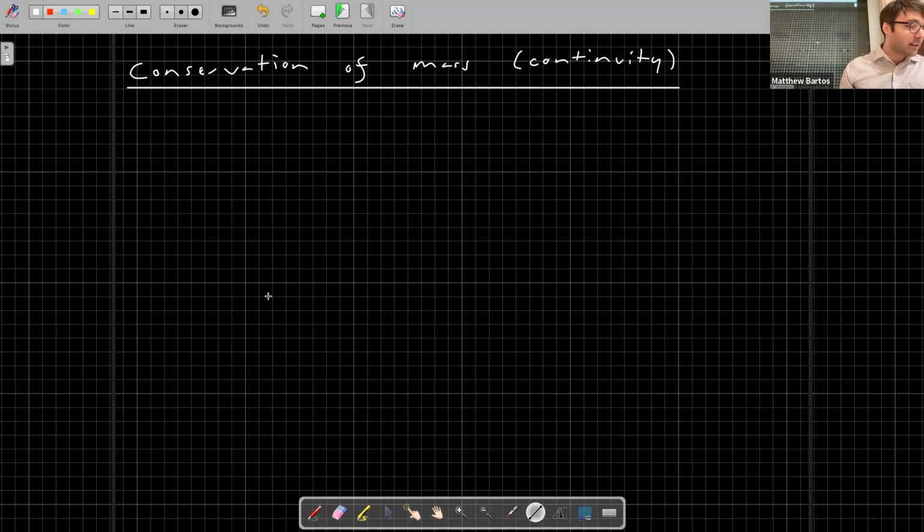So let's go ahead and look at conservation of mass for a fluid control volume. I'm going to draw a pipe here. For this case, I'm going to look at the more general case where the pipe doesn't necessarily have to be full.